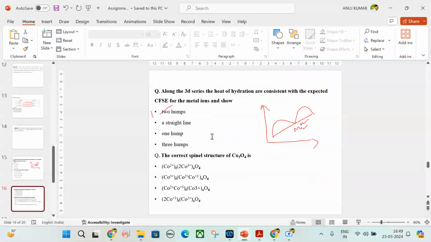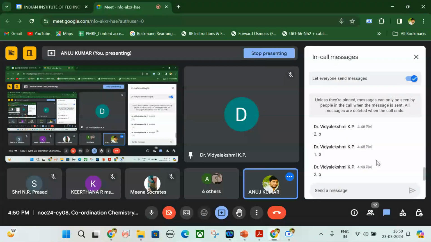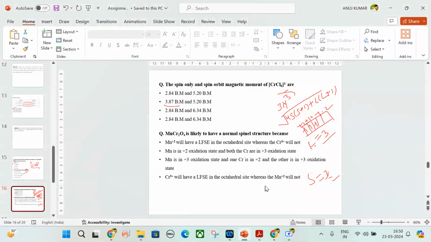Anybody? Yeah. First B and second B. Okay. But I think B is the right statement, but it basically does not explain why it is having a normal spinel structure.